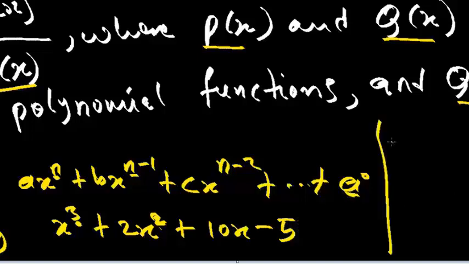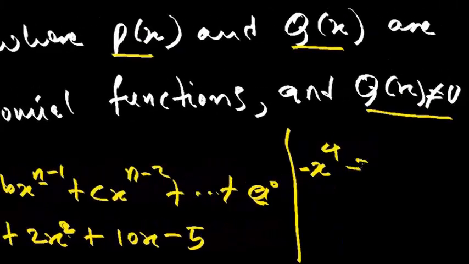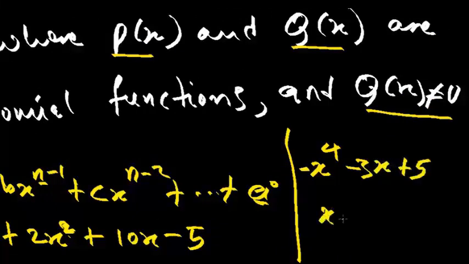We can have example number 2 of a polynomial function: minus x to the 4 minus 3x plus 5. This is a polynomial. We also have a simple polynomial as x plus 1. This is a polynomial as well.